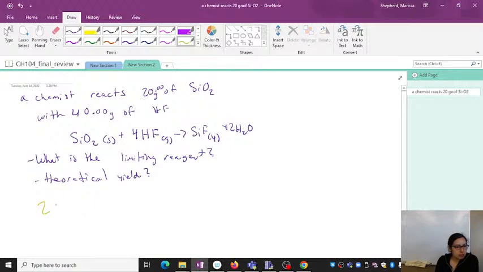Yeah. So you want to do silicon dioxide first? Okay, so let's just do that. So we'll start with our silicon dioxide. And so we have 20.00 grams of it. And then we want to find, so what's the molecular weight of silicon dioxide?